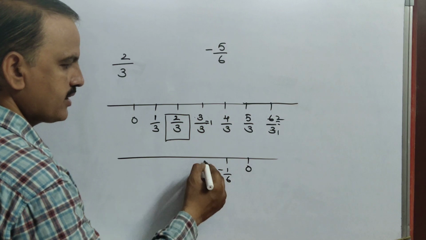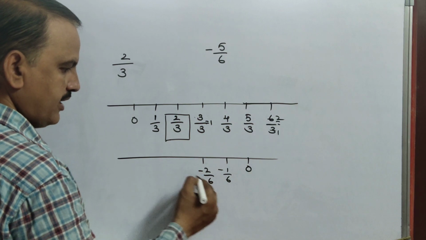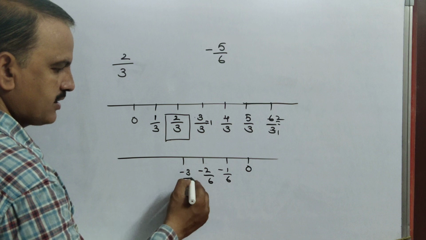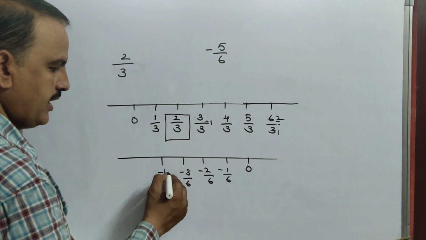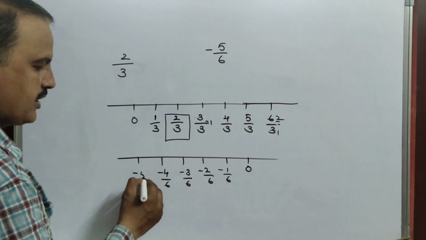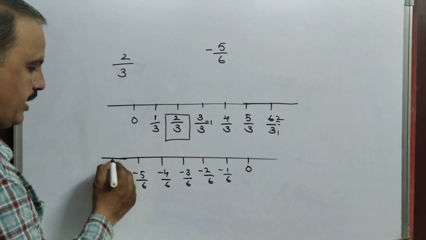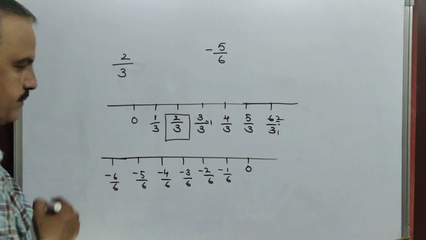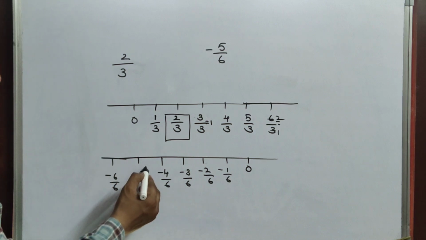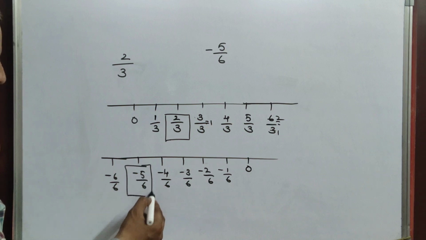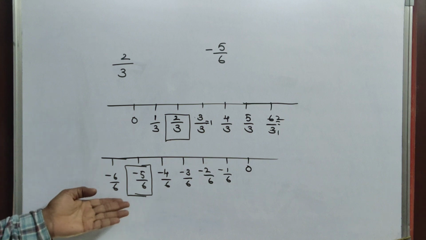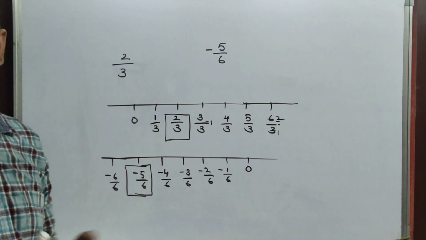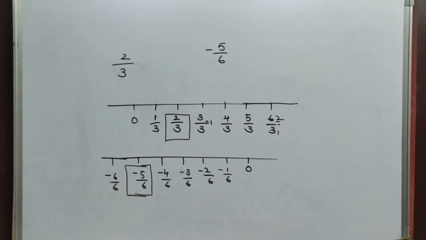So minus 1 by 6, minus 2 by 6, minus 3 by 6, minus 4 by 6, minus 5 by 6 and minus 6 by 6. If you clearly observe here, here it is minus 5 by 6. So this is how to represent the given fractions on a number line. Okay. Is it clear, children?